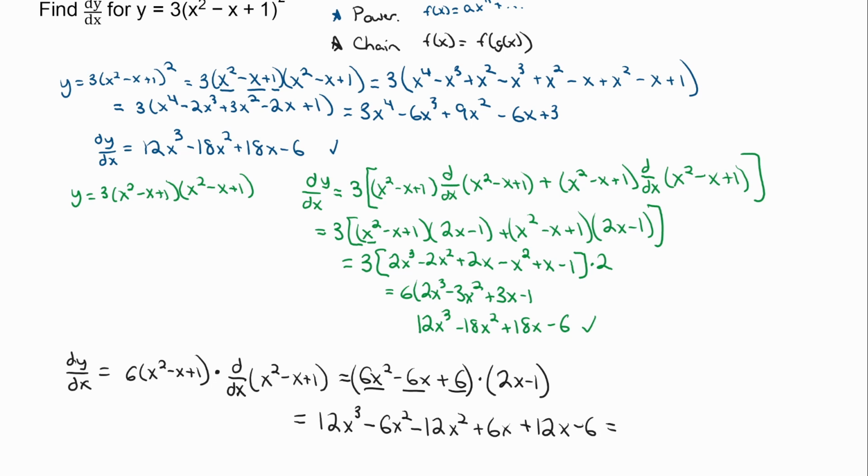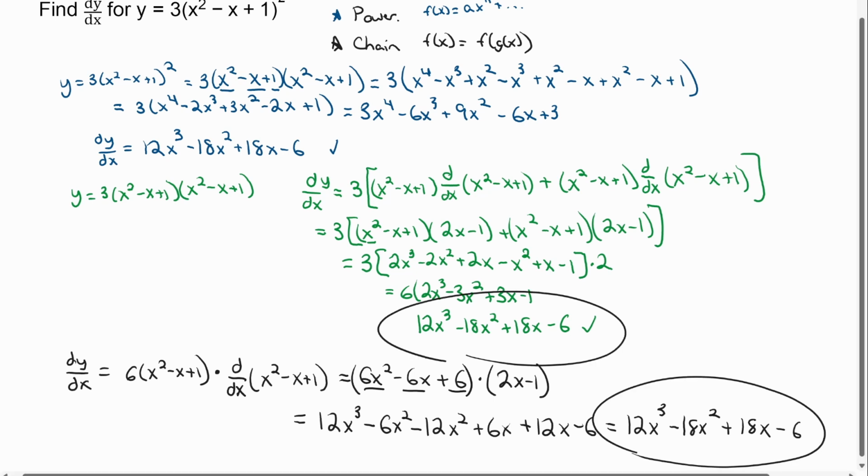And so when we combine all our like terms, we'll get 12x cubed. Then we have minus 6 and minus 12x squared, so we'll get minus 18x squared. Then we'll get plus 18x. Then we also get a minus 6 at the end. And that is the exact same result as all three of our methods.